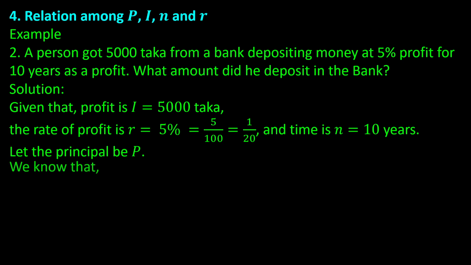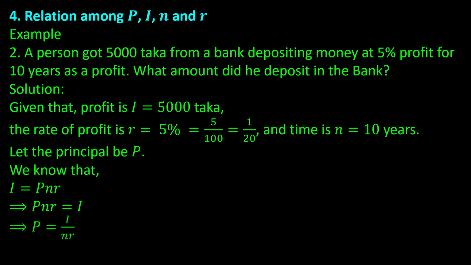Let the principal be P. We know that the relation is I equals PNR, and from this relation we can write PNR equals I. That means P equals I divided by NR.